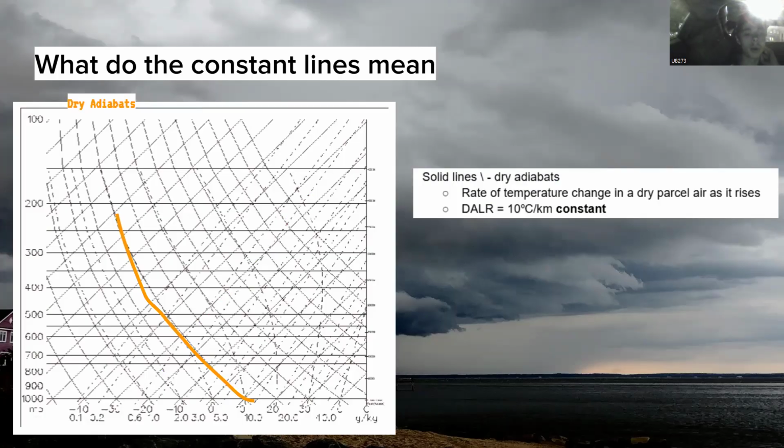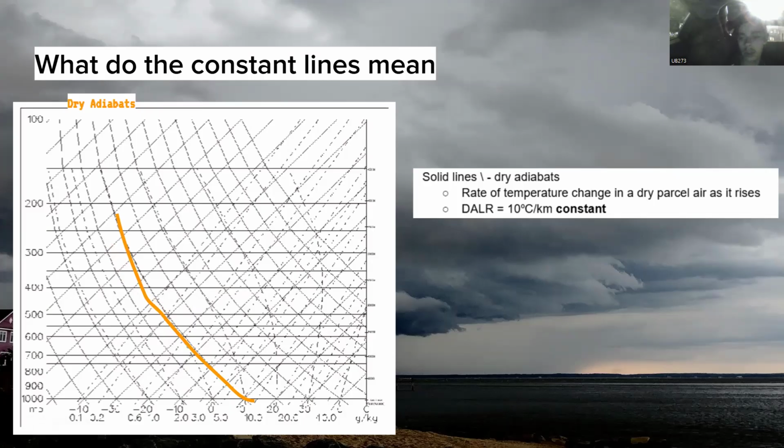So if the parcel is dry, this is how temperature is going to change. And this is roughly 10 degrees Celsius per kilometer. You can see in relation to the temperature lines, that is what this line is doing. It's roughly 10 degrees Celsius per kilometer. We're going to consider that constant.